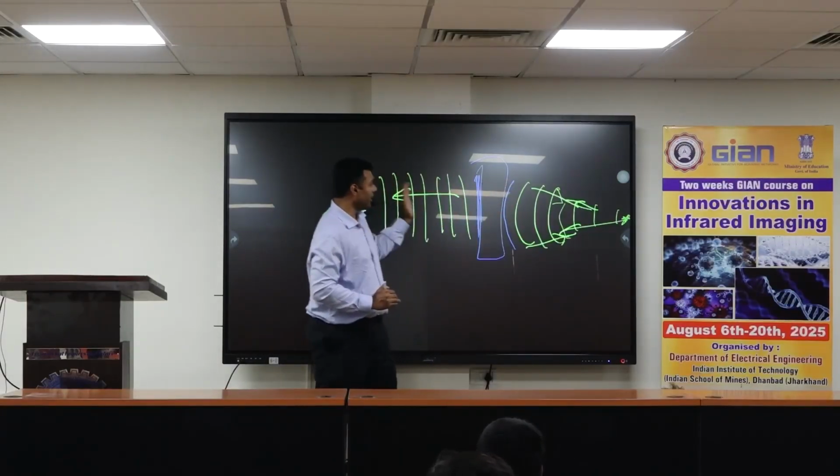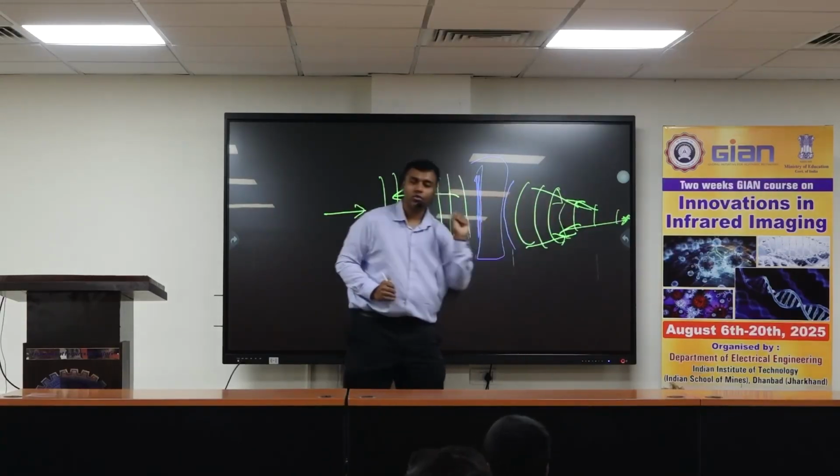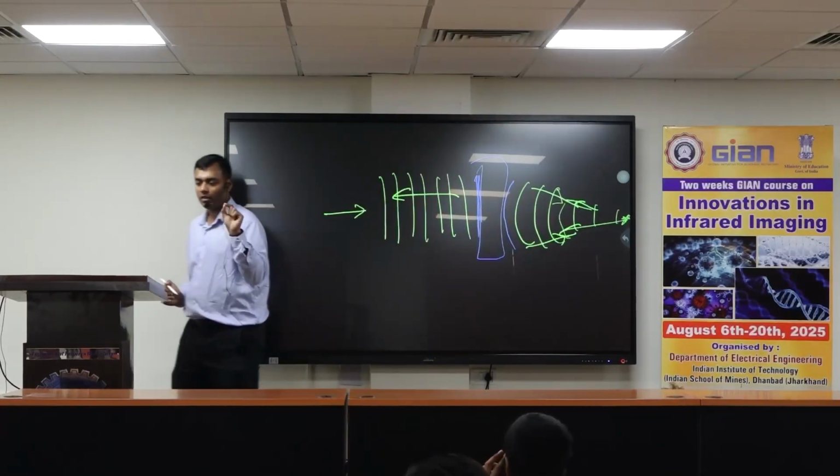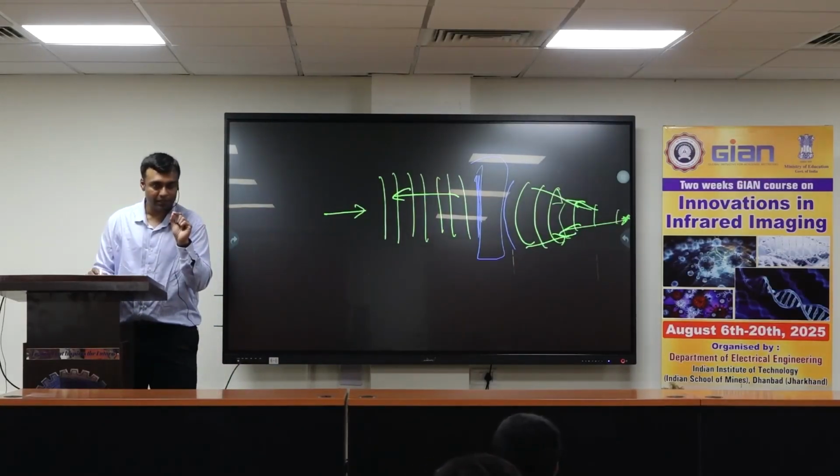I'll call it spherical for now, but you know the shape I'm talking about. So it will take a plane wave and convert it into a spherical wave, and the spherical wave will converge to a dot. In other words, it delays the plane wave a lot in the middle, and in the edges it delays it a lot less.